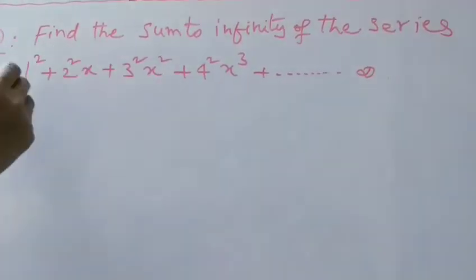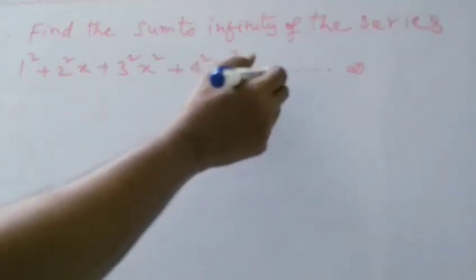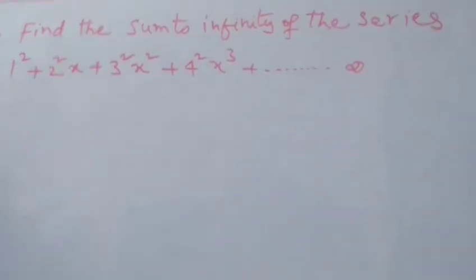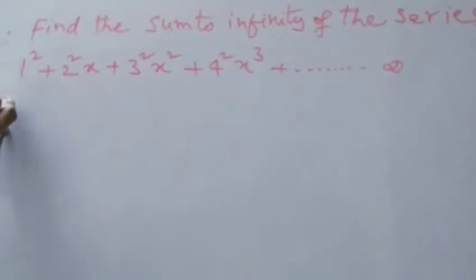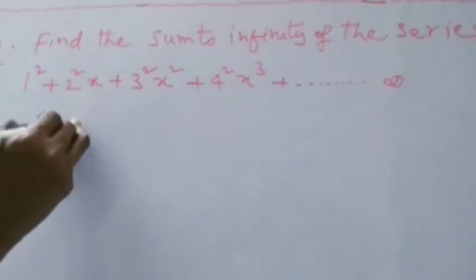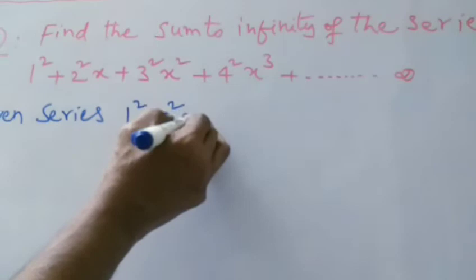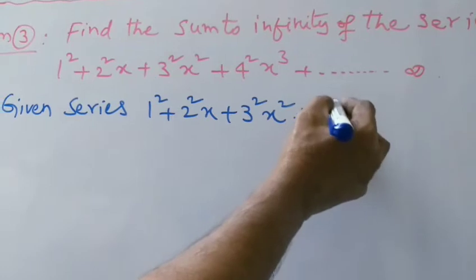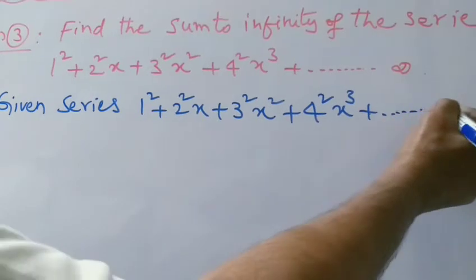This is the series 1 square plus 2 square into x plus 3 square x square plus 4 square into x cube plus and so on up to infinity. So the given series, solution as follows. Given series 1 square plus 2 square into x plus 3 square into x square plus 4 square into x cube plus and so on up to infinity.